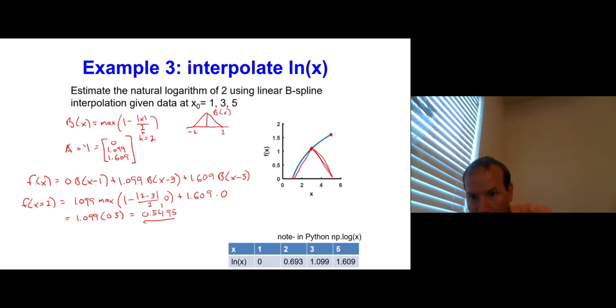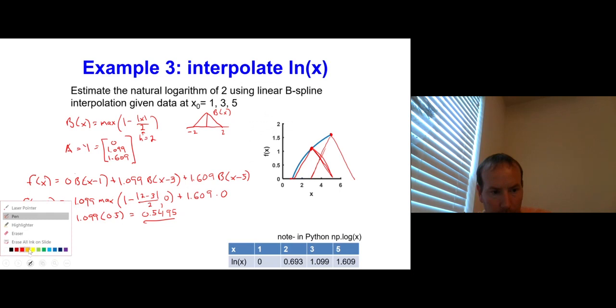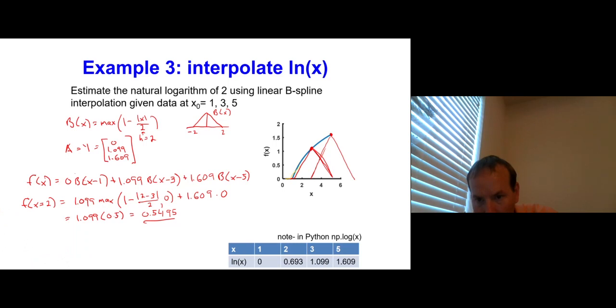And then at 5, it looked like this. And so the sum of these is given by this orange line. It should be 0 like this, and then come down.